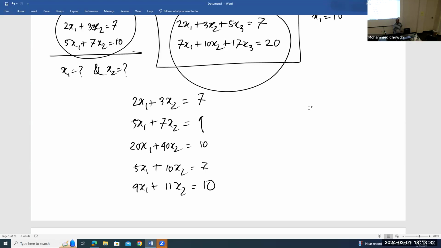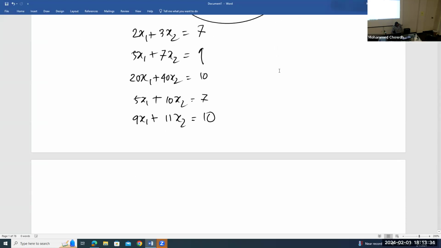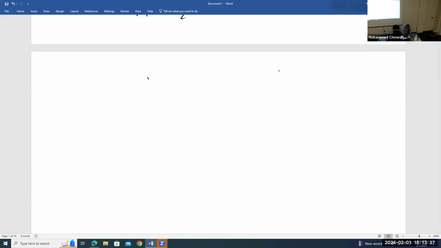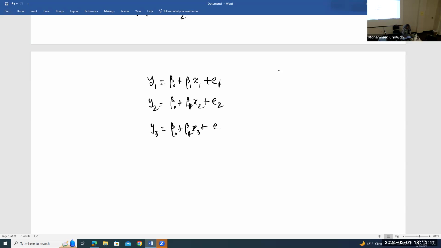Okay, so how? Take a look at the equations. I have written here y1 equal to beta 0 plus beta 1 x1 plus e1, y2 equal to beta 0 plus beta 1 x2 plus e2, and then y3 equal to beta 0 plus beta 1 x3 plus e3.